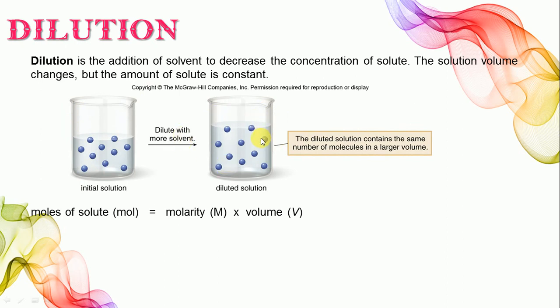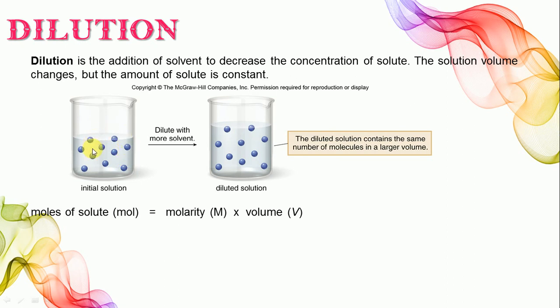So this is a pictorial depiction of dilution. Dilution is addition of water to decrease the concentration of solute. That means the amount of solute will remain constant but the amount of solvent will increase.